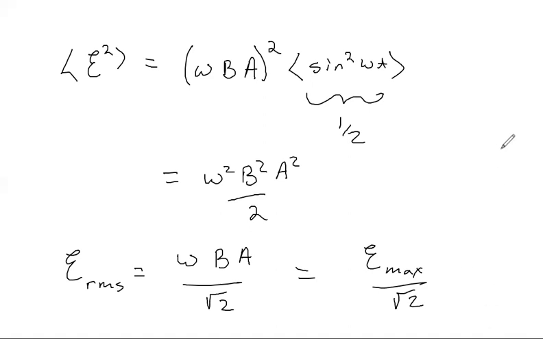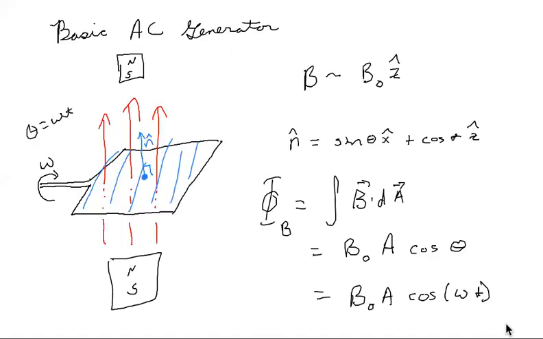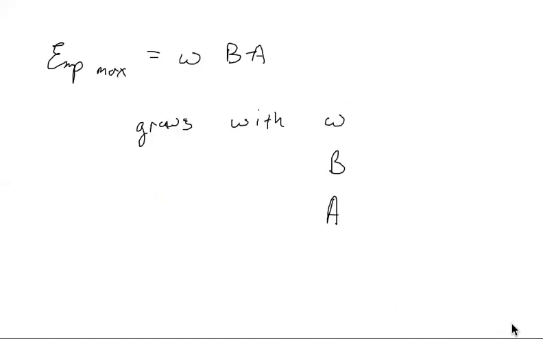All right, so let's recap. By spinning a loop in a magnetic field, you generate a time-dependent flux, and then by working out the details of that, you see that you get a time-dependent EMF, and it's sinusoidal, so that's called an alternating or an AC power supply or AC generator, because it's going to give rise to alternating currents, sometimes positive current, sometimes negative current.